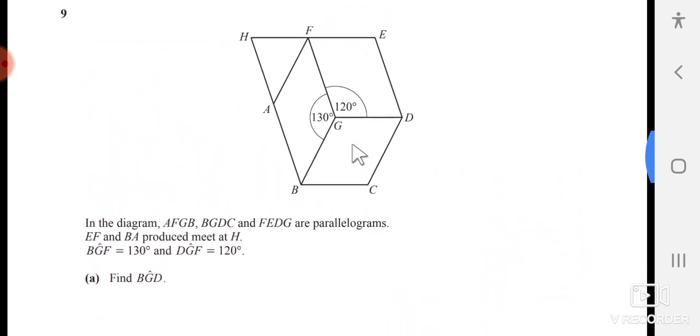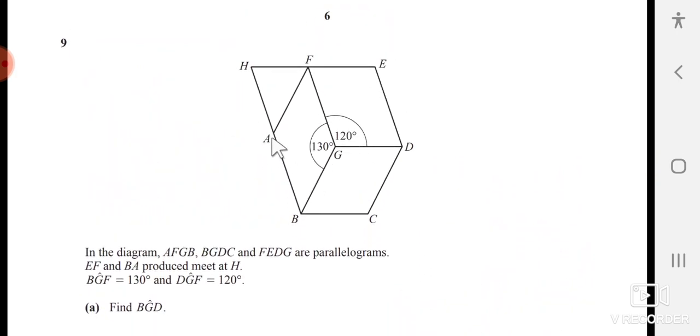ABG, where is ABG? A, B and G. Okay, this angle is also 130 degrees. This angle is 130 degrees. So 130 degrees plus 130 degrees, this angle and this angle are the same. So you can calculate, putting equal to the sum of all these angles. 130 plus 130 plus 2a, let's say this is a and this is a, is equal to 360, as this is a quadrilateral, a parallelogram, right?